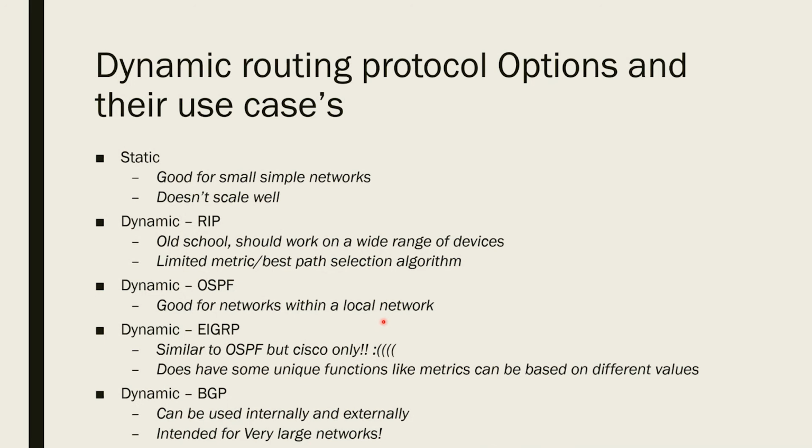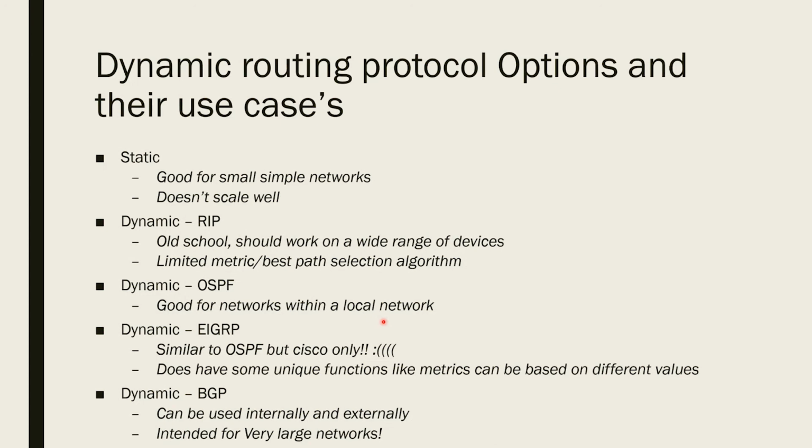And then finally, you have BGP, which is really the big boys protocol. It doesn't stand for that. It stands for Border Gateway Protocol, and it is usually used for those hyperscale networks where you need really granular control of your routing information and how you flood that across and how you scope it across a network.